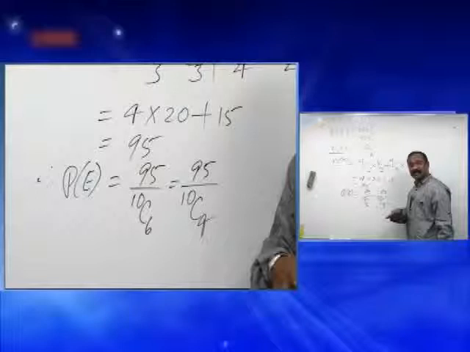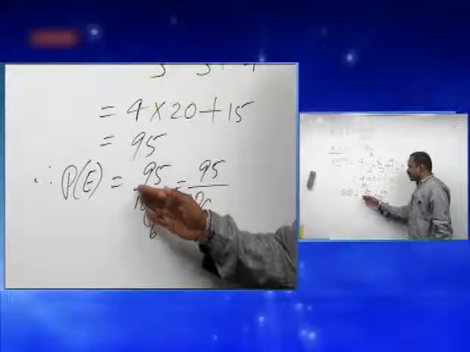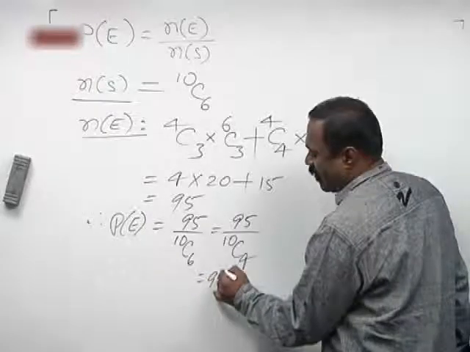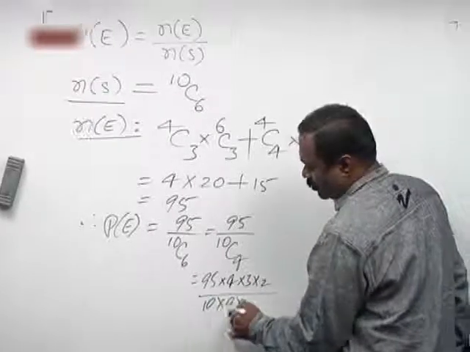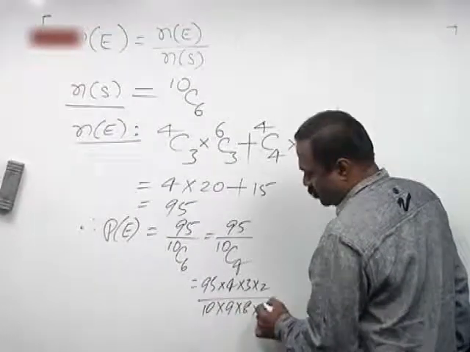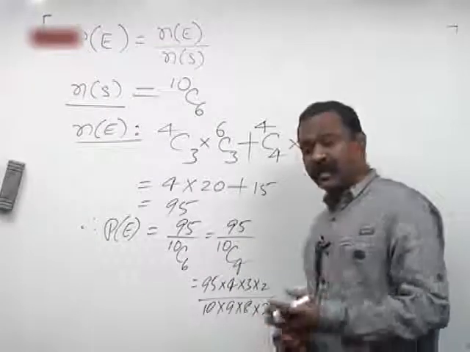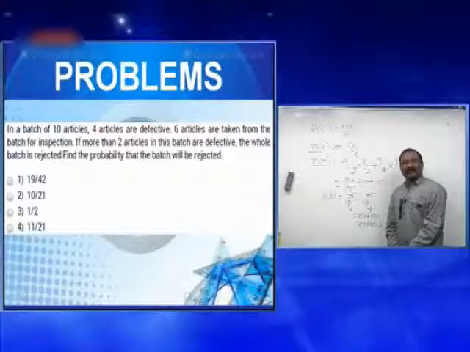The order of things is not considered. So 10C6 is nothing but 10C4. So it is 95 into 4 into 3 into 2 upon 10 into 9 into 8 into 7. If you simplify this, you'll be getting the final answer.